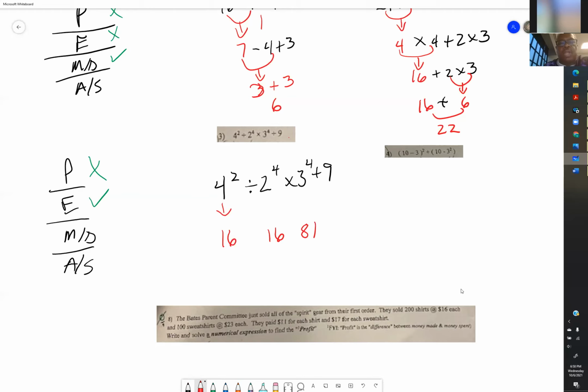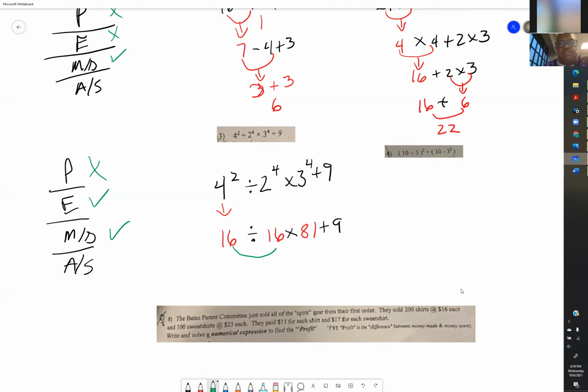All right, so now we bring down everything else: the division symbol, the multiplication symbol, and we'll bring down plus and 9. Okay, so now we took care of the exponents. Now the next thing is multiplication and division. Does it have any of that? And actually it does. We'll do that from left to right.